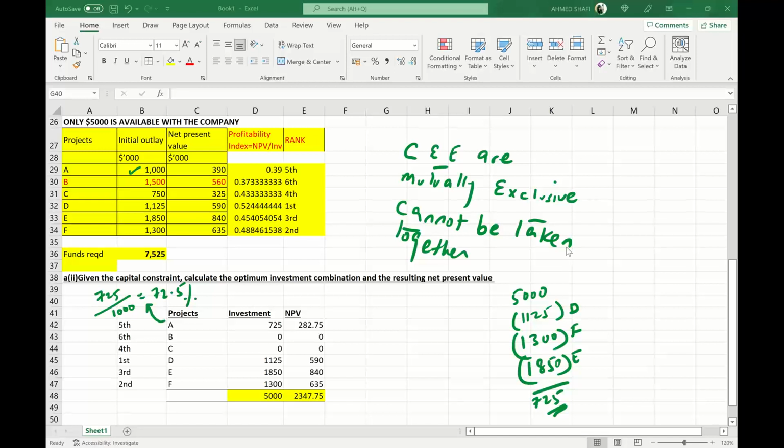Why is the ranking of project E better than C? So we will take that. No, Nishika, in indivisible, there is another approach. Jawad, you can link the cells as well as calculate the value and put it in a cell, but in that case, you need to show the workings.